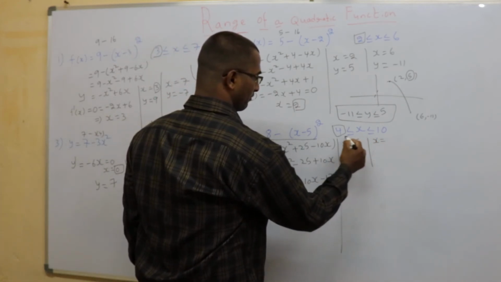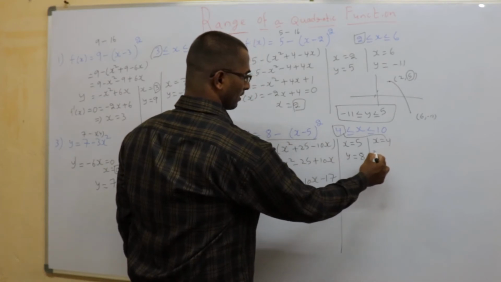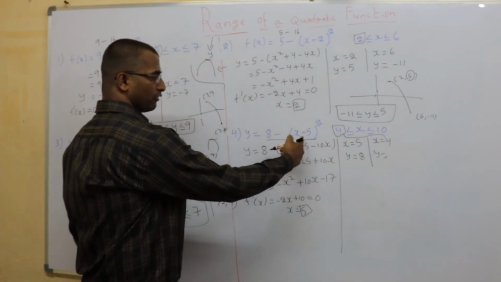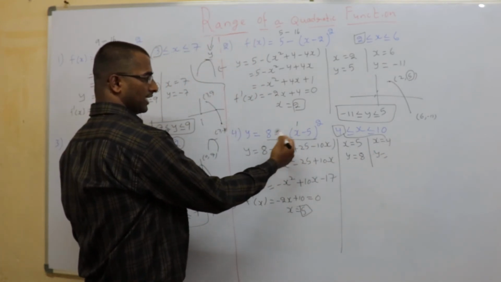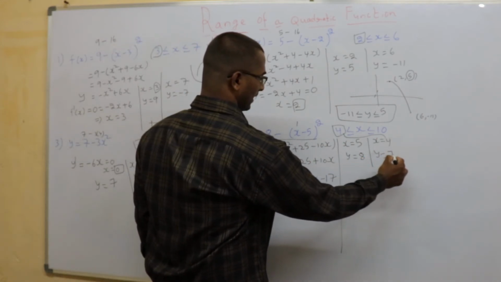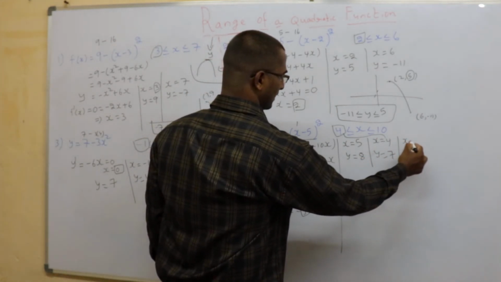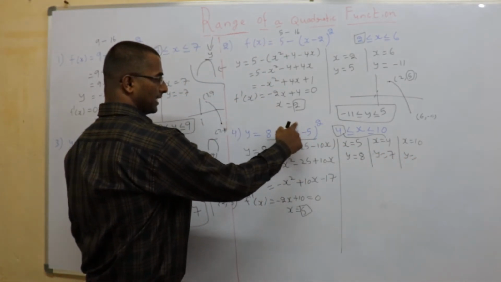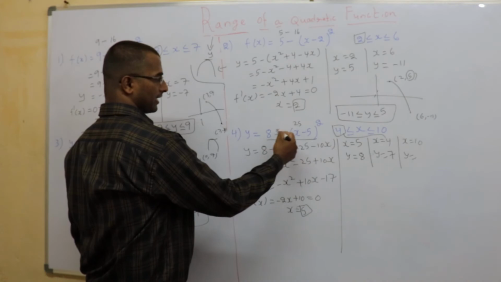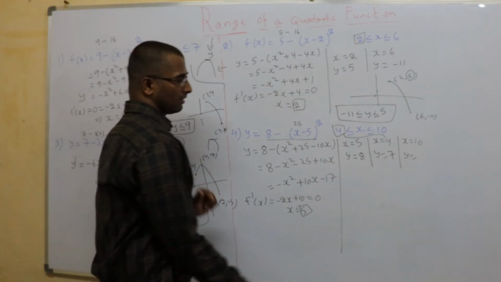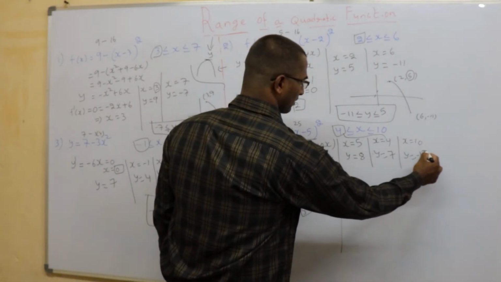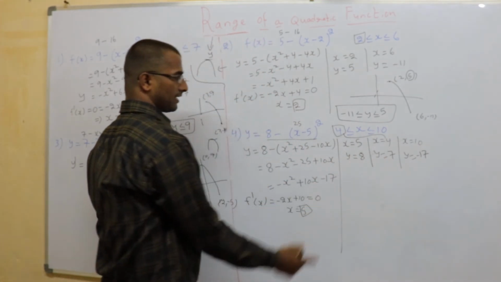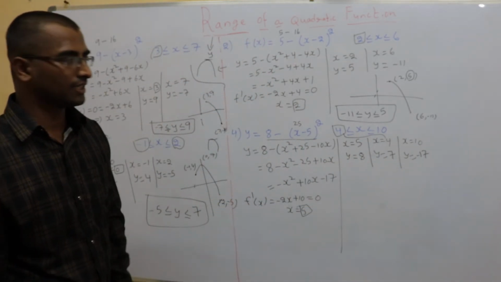Now when x is 4, y equal to 8 minus 4 minus 5, minus 1 whole square is 1, 8 minus 1 is 7. Now when x is 10, how much will I get for y? 8 minus 10 minus 5 is 5 square, 25. 8 minus 25, minus 17. And over here, correct. Now show all the 3 points.